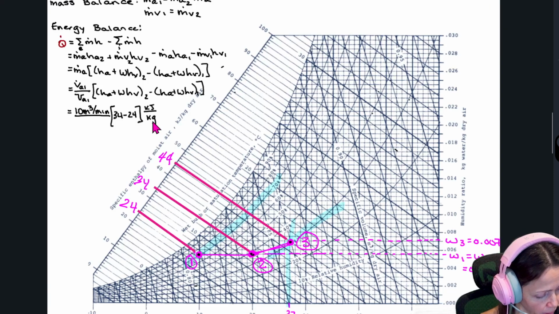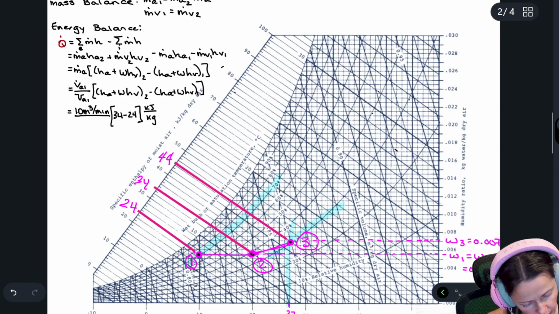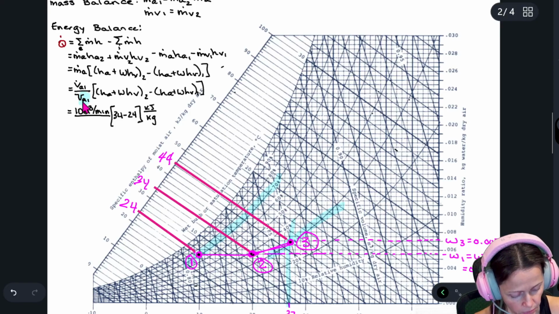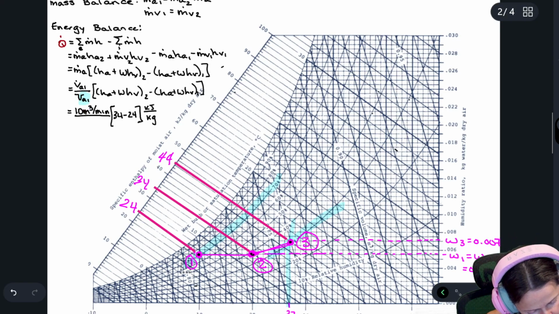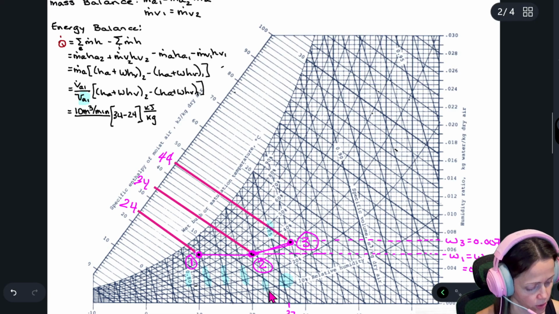We do need to figure out the specific volume of that moist air. There's a 0.8, there's a 0.85, so each of these is 0.01.